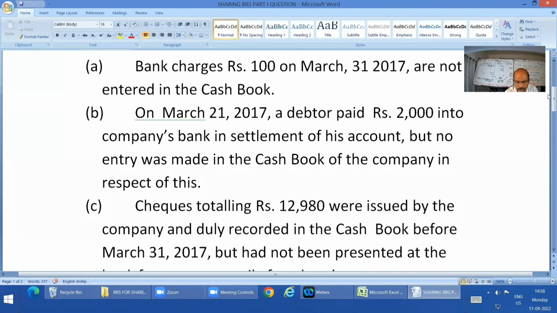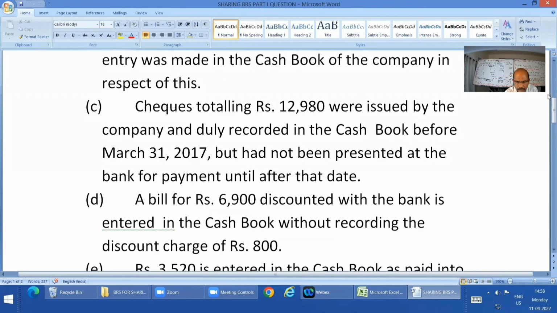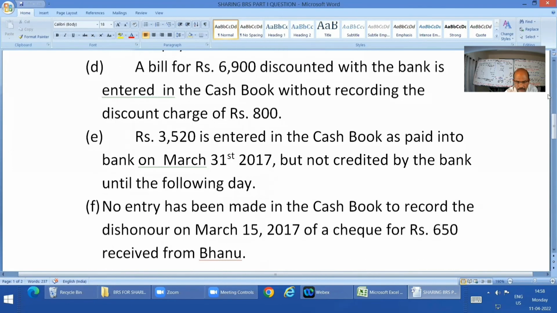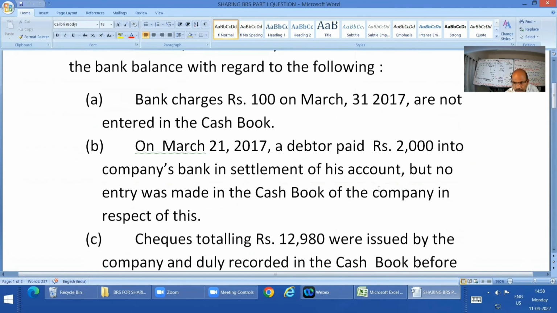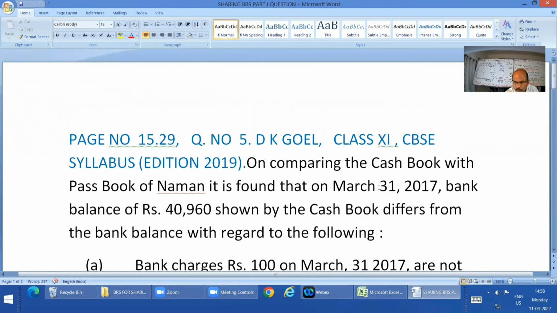And they have given the balance as per passbook as 50,870 as the answer. That has been the answer given by the author, which we have arrived at also. So I'm re-showing the question for those of you who could not manage it. Please take it down.